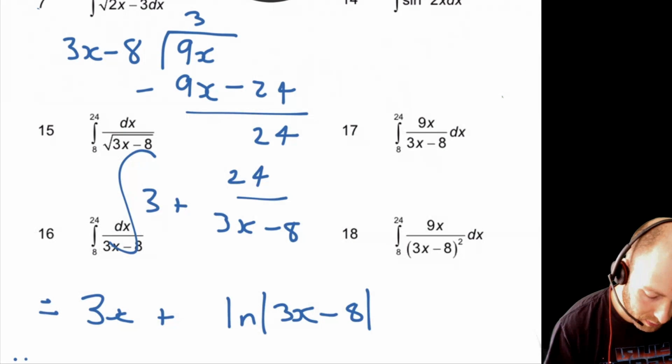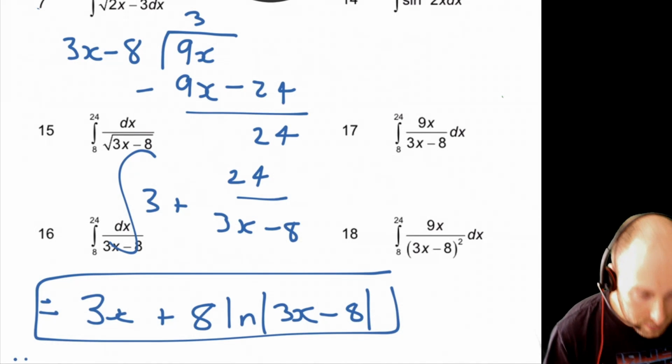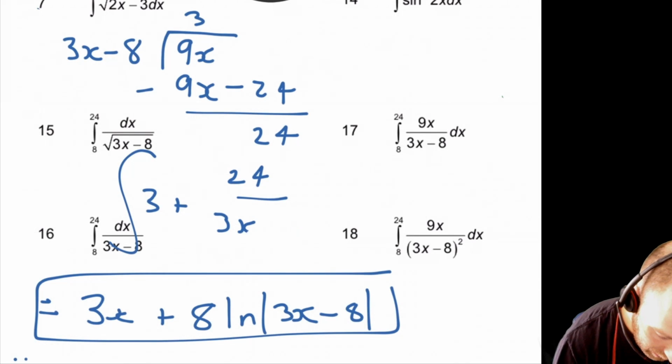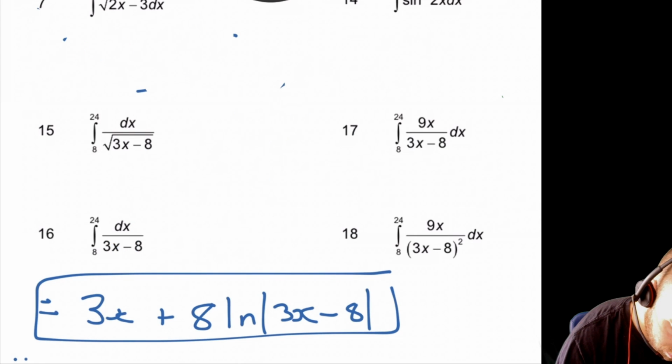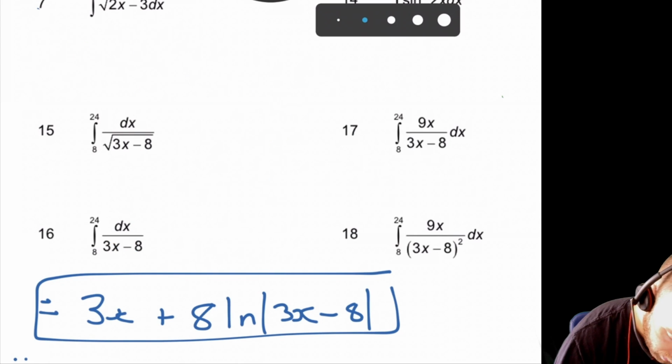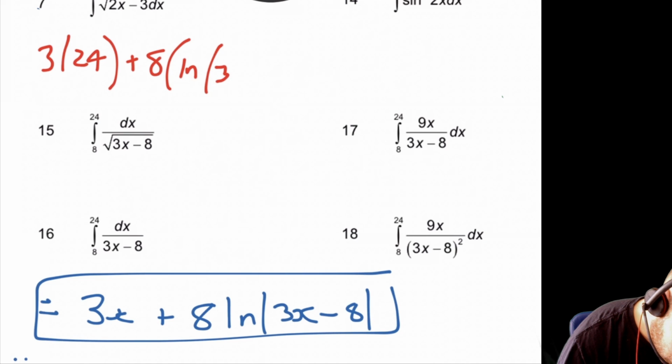And we want an 8 out the front as well. So I think we should be getting that for the second one. We need to put the limits in again though. So we get 3 lots of 24 plus 8 lots of ln 3 times 24, take 8.